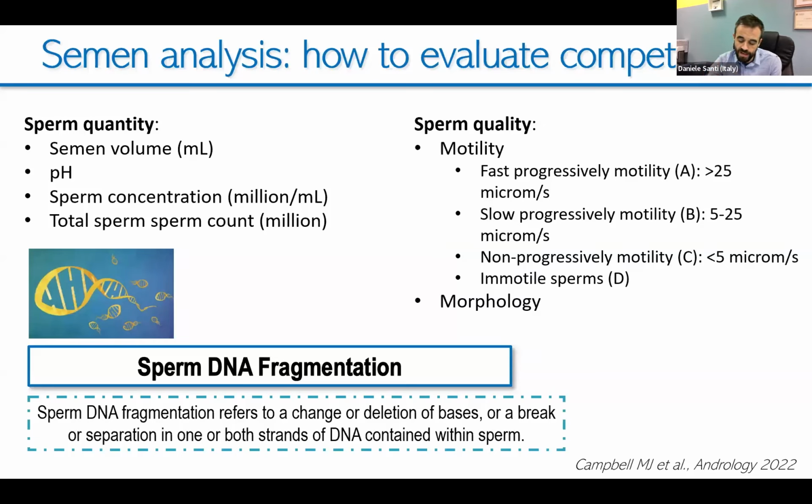But remaining on the conventional semen analysis, and the conventional parameters that we have to consider, in the literature there are many trials or manuscripts that try to compare the parameters and find the best one to predict the final response. In terms of fertility, obviously the response is the pregnancy.